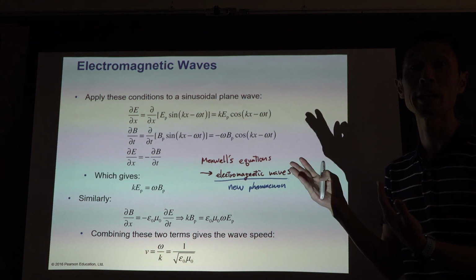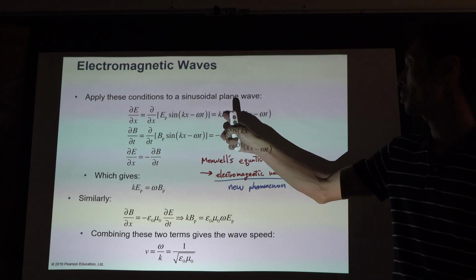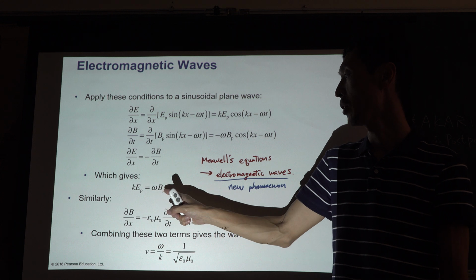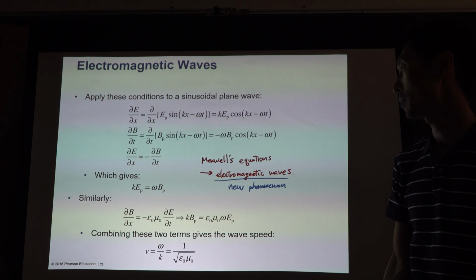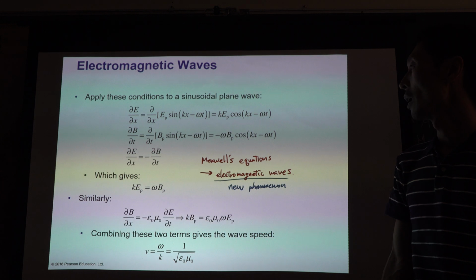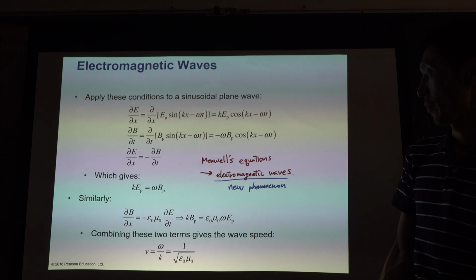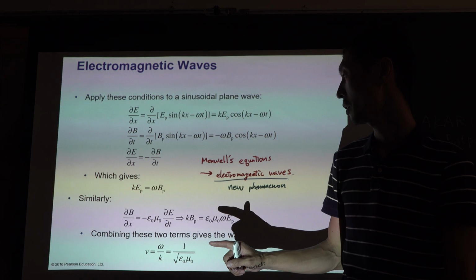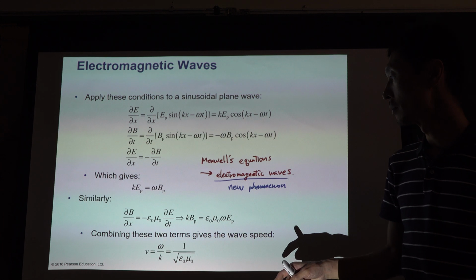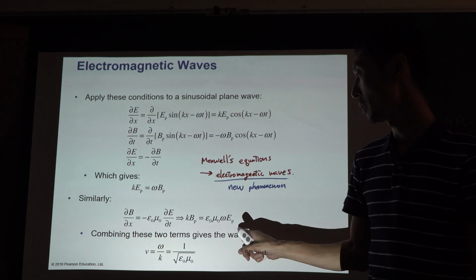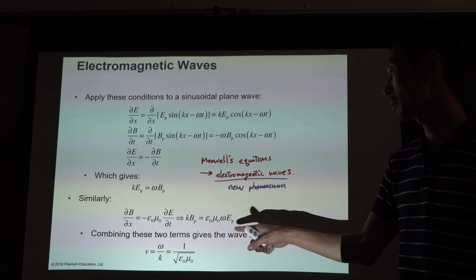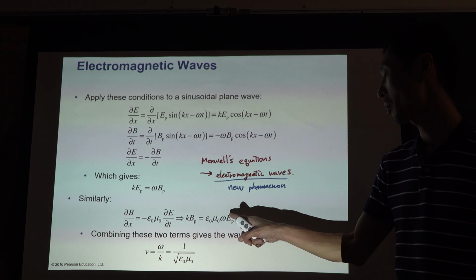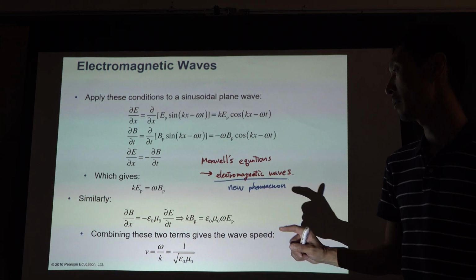They are in phase and both cosine, so this part must be equal: k times the E peak value equals omega times B peak. Similarly with Ampere's law, if you put in sine, then you get k B peak equals epsilon 0 mu 0 omega E peak.